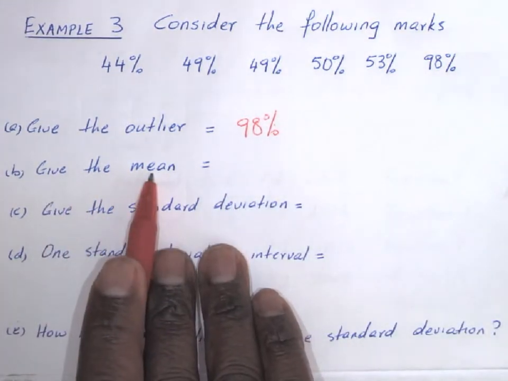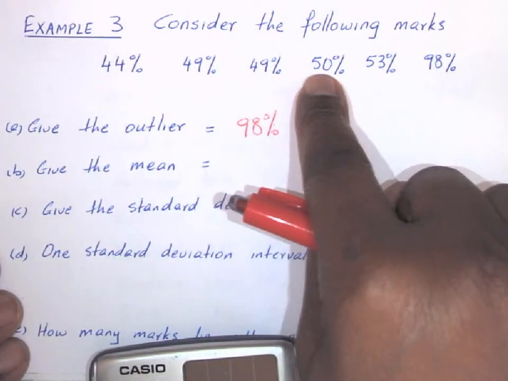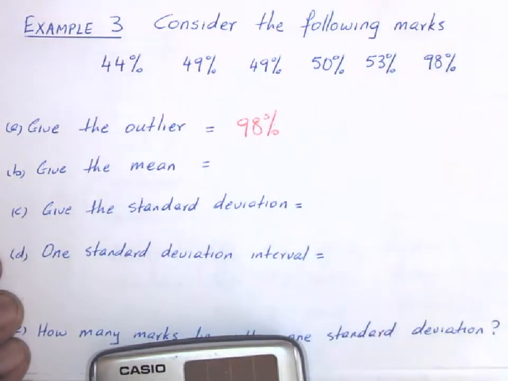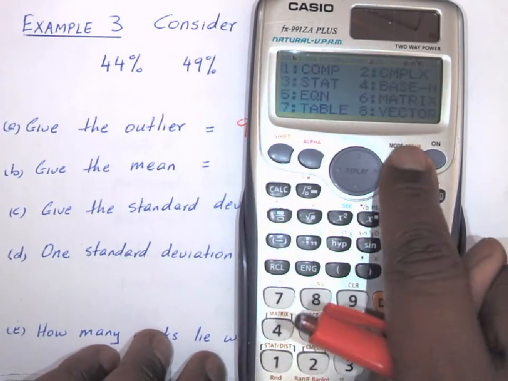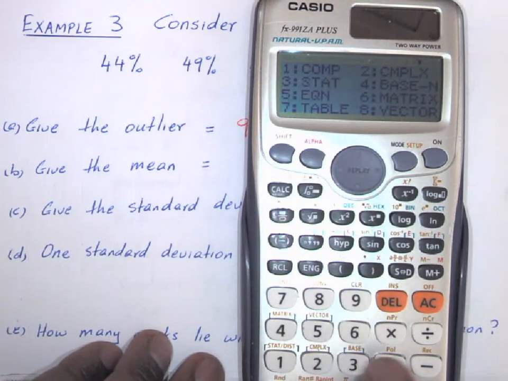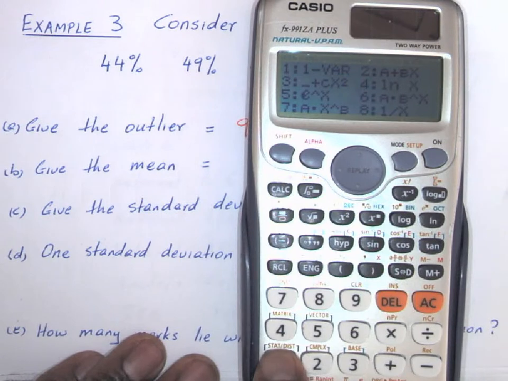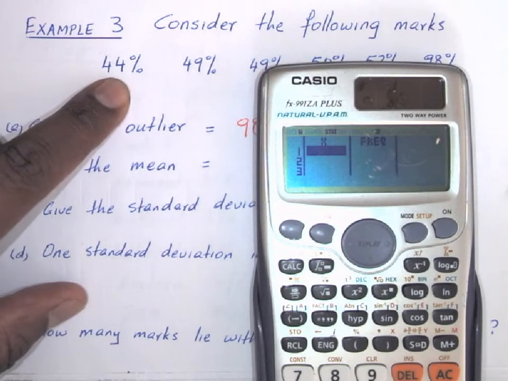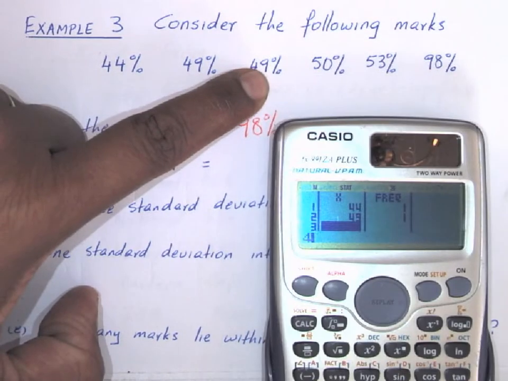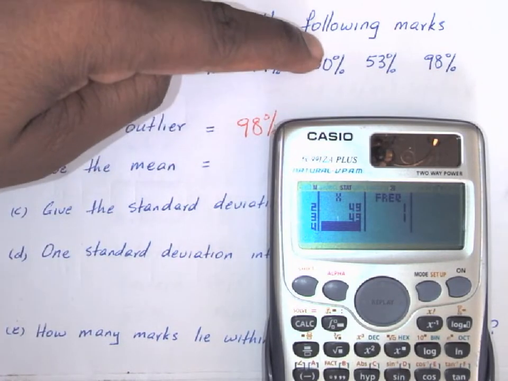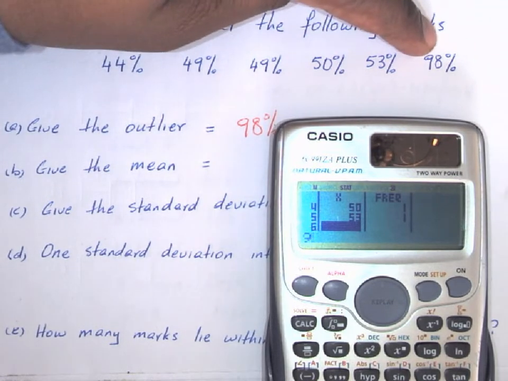Give the mean. Now to work out the mean, you can use a calculator, but in grade 8 you can add all of these and divide by how many there are. But I can use a calculator to find the mean. I go to mode, and then stats, then 1 for one variable, and I can enter the data: 44 equals, 49 equals, another 49 equals, 50 equals, 53 equals, 98 equals.